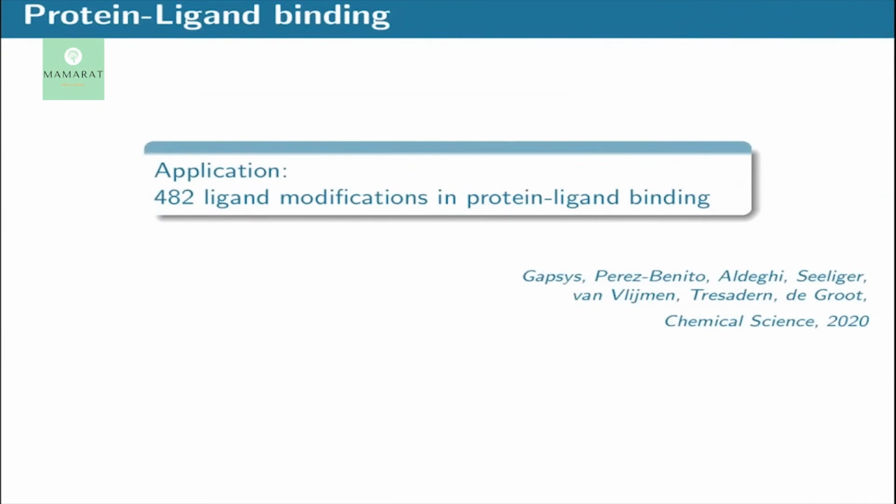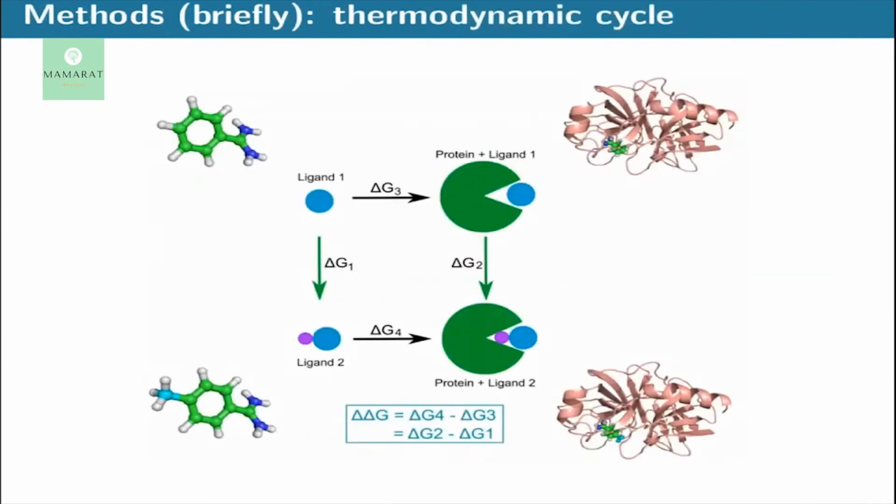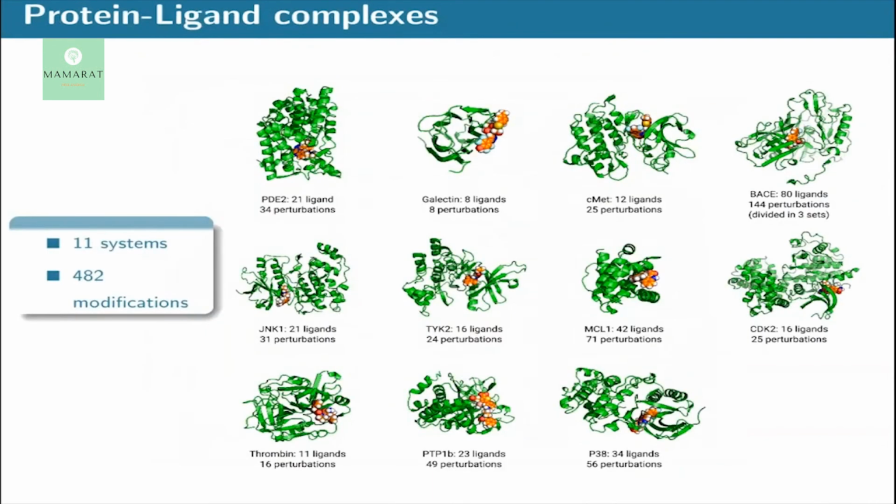In a sense, we were acquiring delta G's in the following thermodynamic cycles, where we looked at the ligand modification in water, and also the same ligand modification when the ligand is bound to the protein, thus giving us the free energy difference of ligand binding to the protein upon that modification.